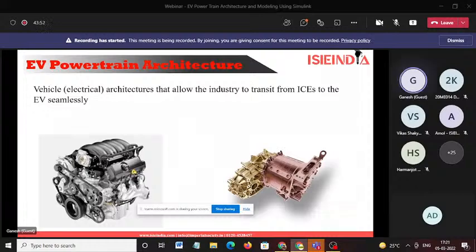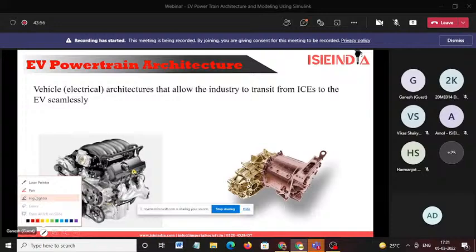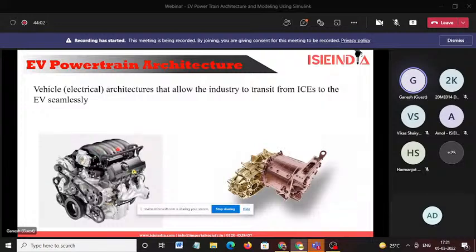You can see the highlighter here. In the highlighter, this is an IC engine and this is a motor. What the Tata Nexon has done is shift the space they had kept for the engine directly to the motor. But the vehicle was the same.